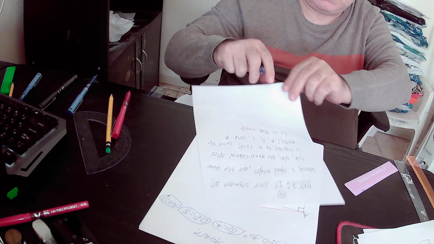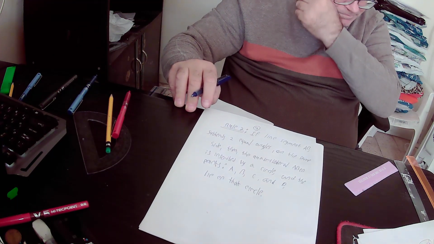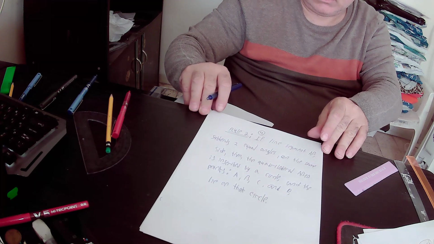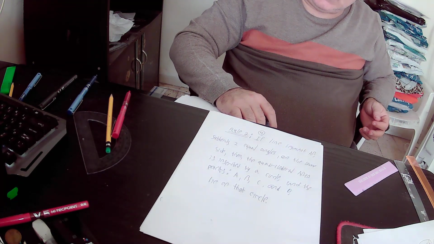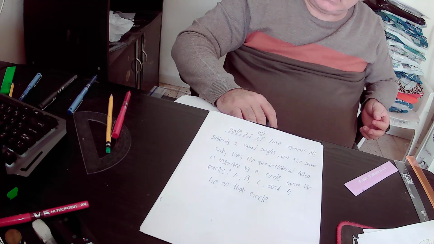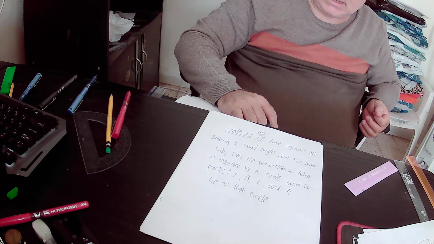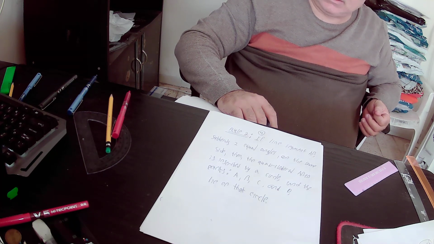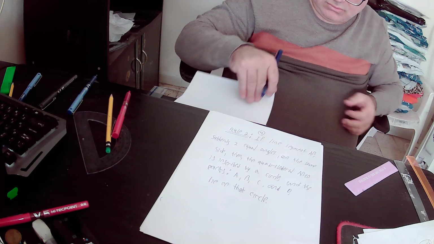I will read rule number 2 again. Rule number 2 states that if line segment AB subtends two equal angles on the same side, then quadrilateral ABCD is inscribed by a circle, and the 4 points A, B, C, and D lie on that circle. So, what is the meaning of rule number 2?